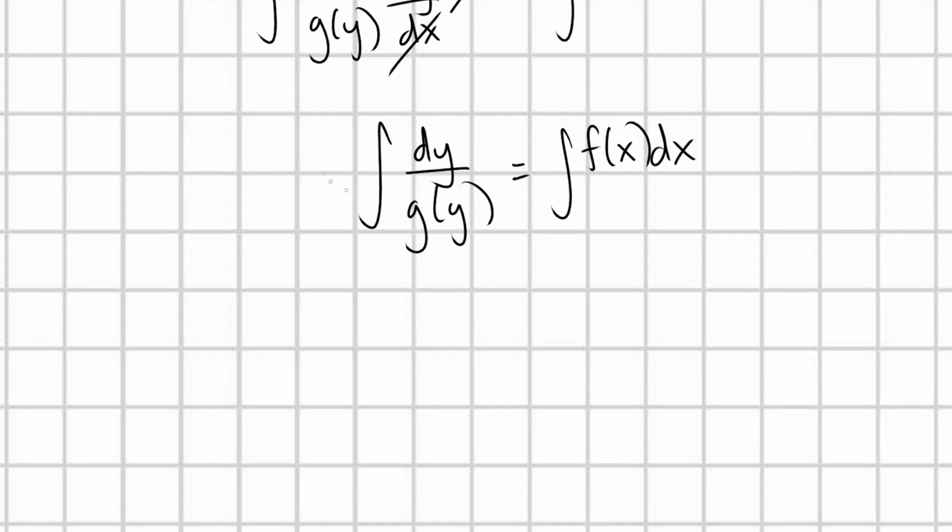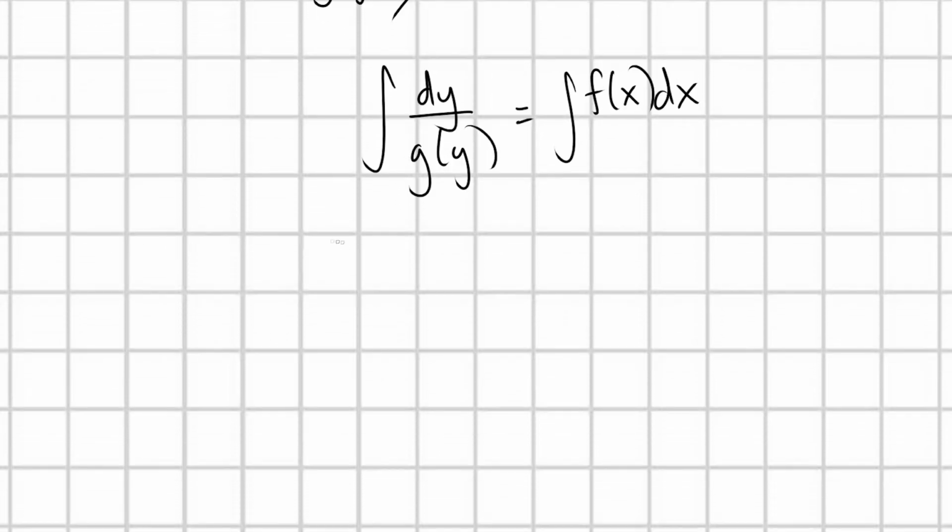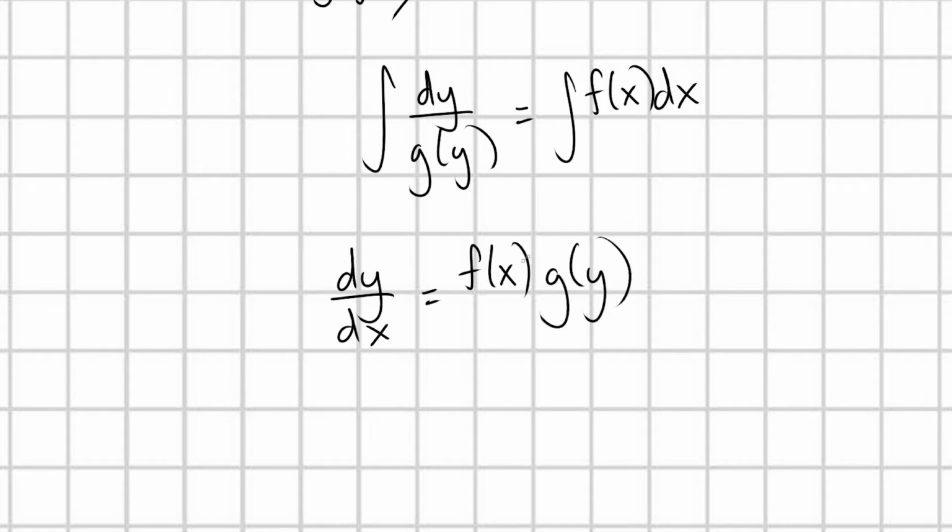So now that we've shown this statement to be true, let me show an identical way to get to this that is a little bit conceptually simpler. If I have dy/dx equals f(x) times g(y), one way we can really quickly break this down is if we treat dy/dx like a fraction.